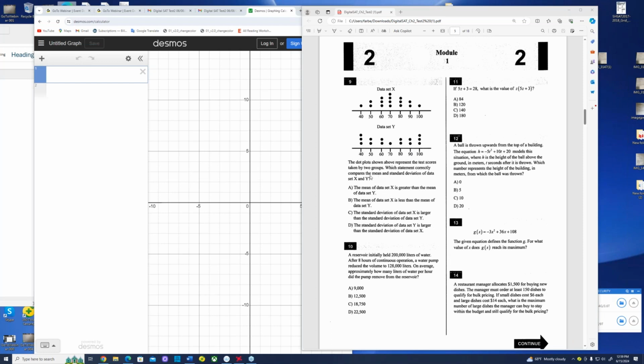We state and correctly compare the mean and standard deviation. Mean is average. If you look at this and you count, the mean would be the same, and multiple choices and standard deviation.